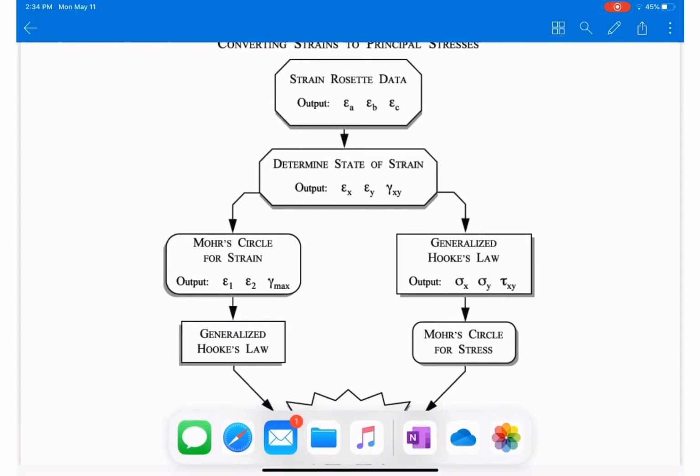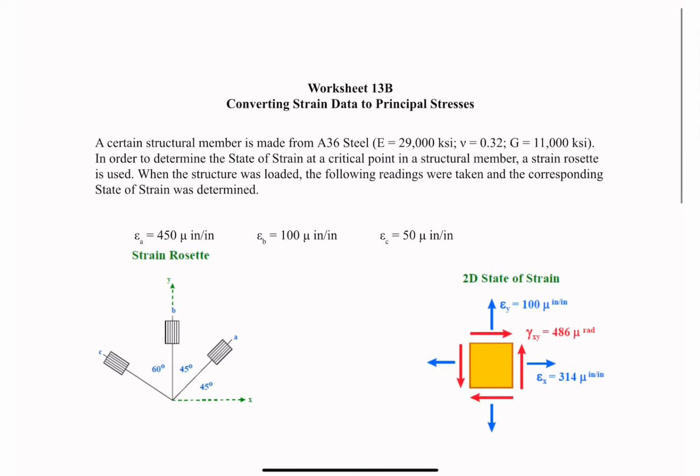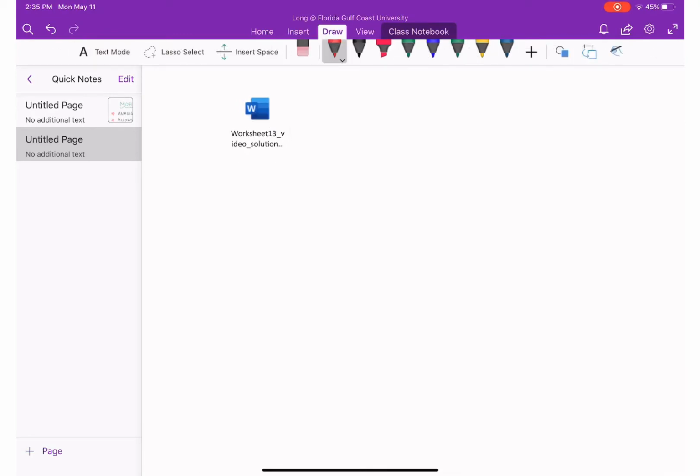So let's get back to the problem and continue with the strain. First, in this case, we draw the Mohr's circle for strain.